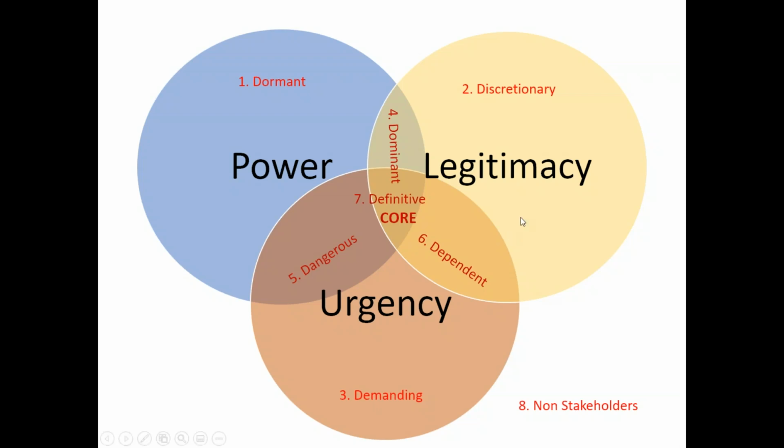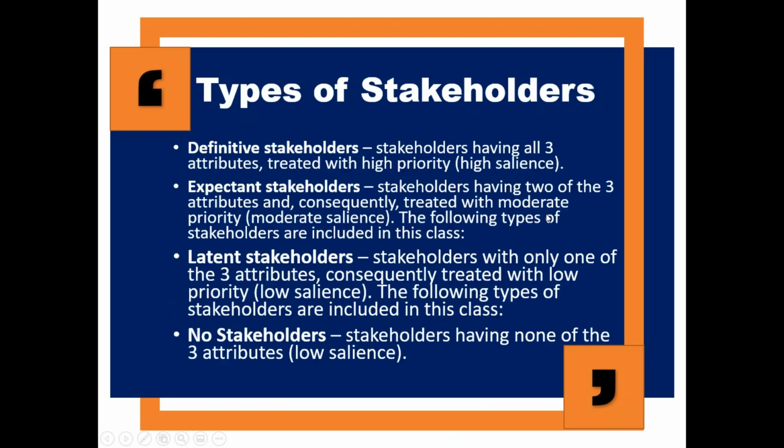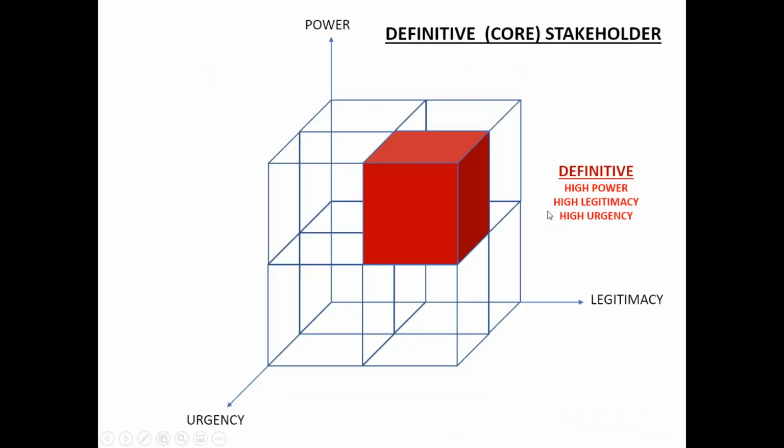Now let us show the same 8 classifications in another way. Looking at it in 3 dimensions. If you are here, this is high in urgency, high in legitimacy, and high in power. So this is definitive, as I said on the Venn diagram. So we did it in the Venn diagram.